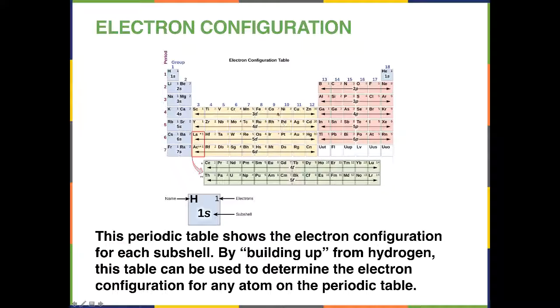Then when you get here, that's when l equals 2 and you've got d levels. Down here, these are the f's. We won't get here very often. So the periodic table shows the electron configuration by subshell, and you can build up from the hydrogen atom. This table can be used to determine the electron configuration of any element on this table.